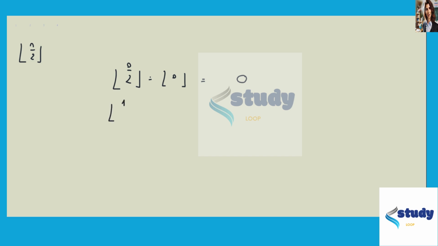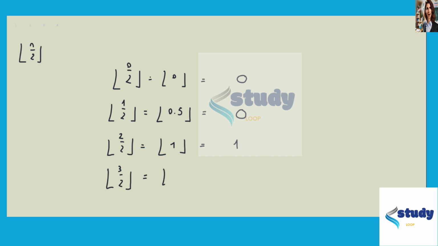So in particular, 1 over 2, that's the floor of 0.5, and the greatest integer right below 0.5 is just 0. Then 2 divided by 2, the floor of 1 is 1. And the floor of 3 divided by 2, that's the floor of 1.5, which is 1.